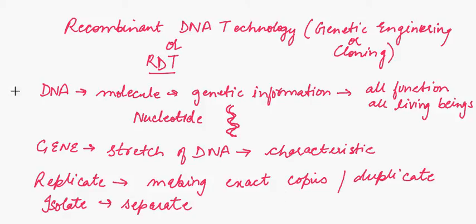And another very important term that we have is cloning. Cloning also means making exact copies of something. It could be DNA, making copies of DNA, making copies of genes, making copies of cells, making copies of a full organism. So making exact copies or making any duplicate of something.